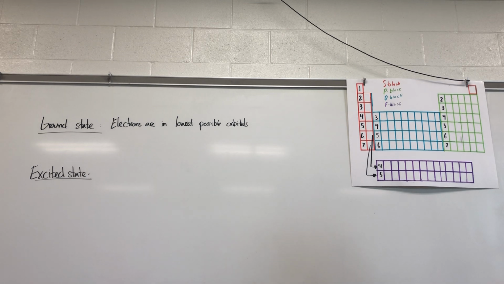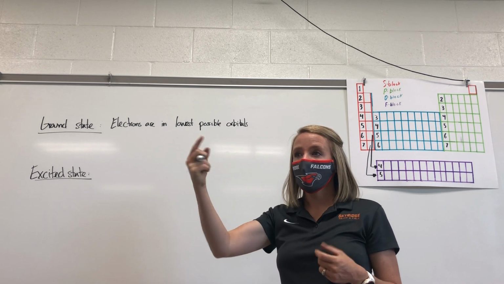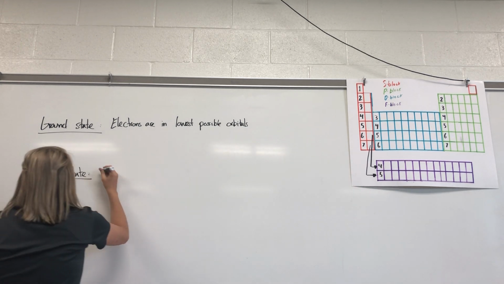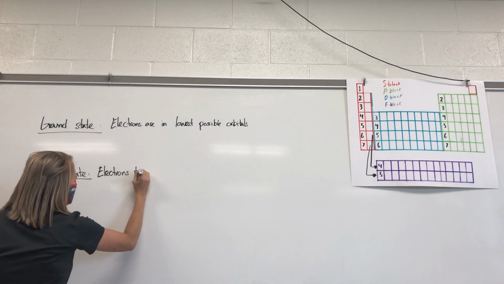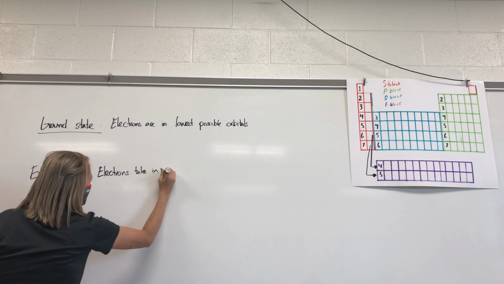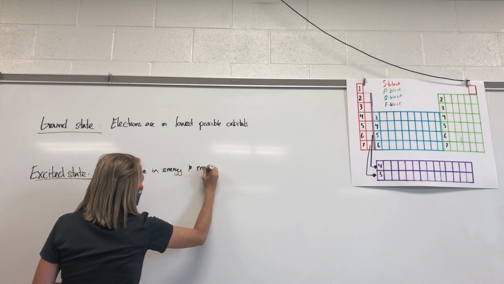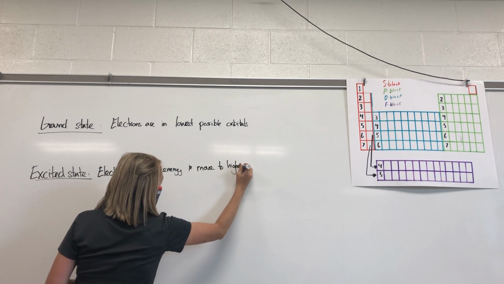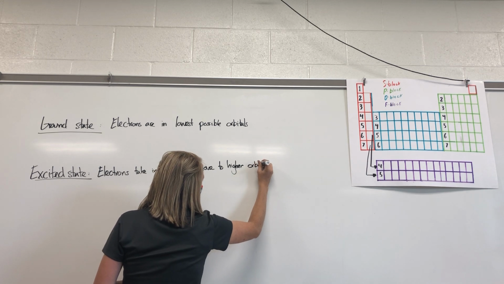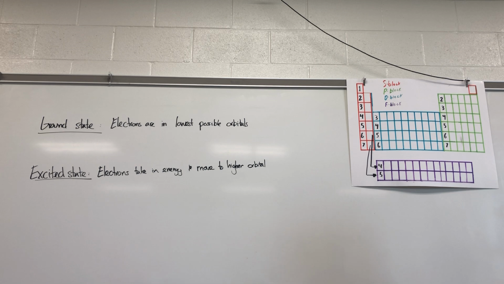An excited state electron configuration is when the electrons take in energy and move to a higher orbital. Or in a sense, we'll see skips in the pattern.